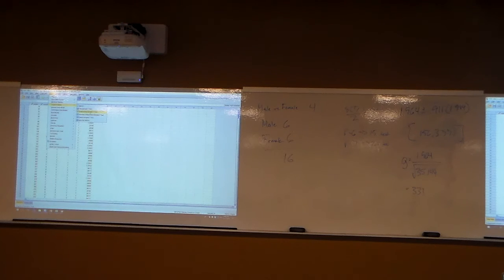Yeah, I go to independent samples t-test, and I look at conservatism across gender, 0, 1, continue there. What is it going to give me when I hit OK here?